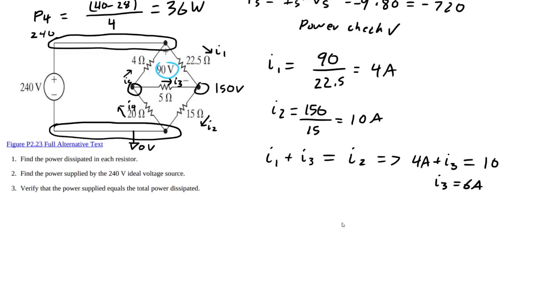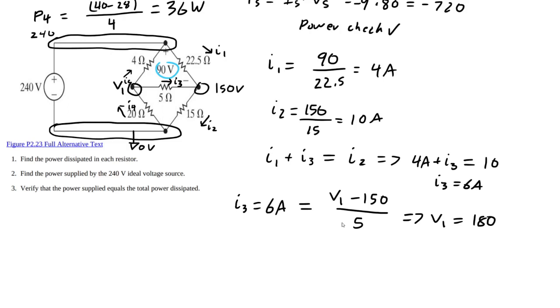Okay, so if we know I3 equals 6 amps, and we're going in that direction, that means we'll call this V1. V1 minus 150 divided by 5. So 30 plus 150, V1 equals 180. And that makes sense. We have 30 volts dropped across it. Divided by 5 is 6.